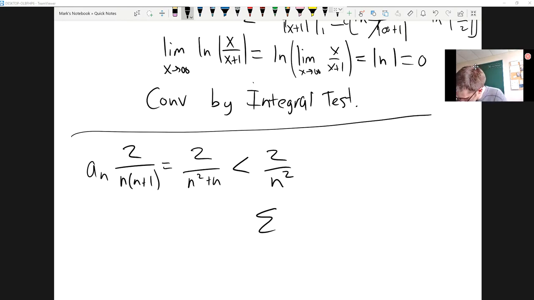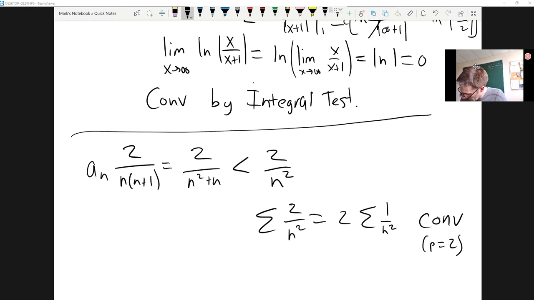Well, we know that the sum of 2 over n squared is just a p series with p equals 2 with an extra constant of 2 outside. So that's convergent. And so again, we are smaller than something convergent, so we must be convergent. And you could use the limit comparison as well.